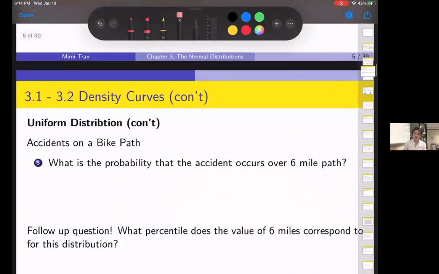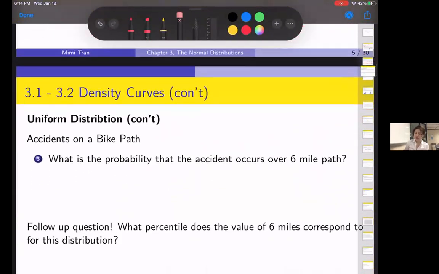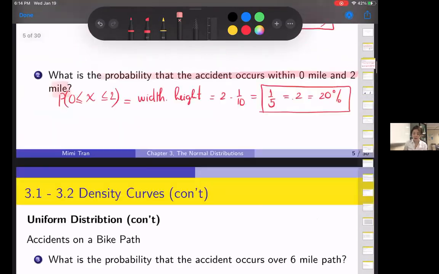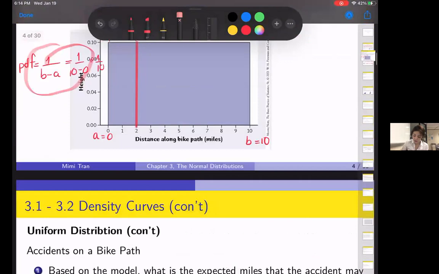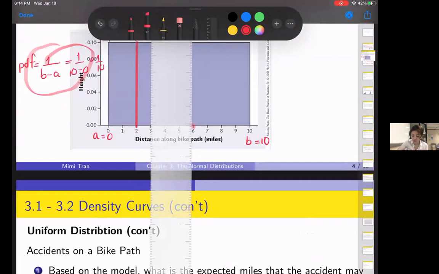Last one, what is the probability that the accident occurred over a 6-mile path? Probability that the accident occurred over 6 miles. So here's 6 mile, over 6 mile. Let me draw. That's everything right here, over 6 mile.